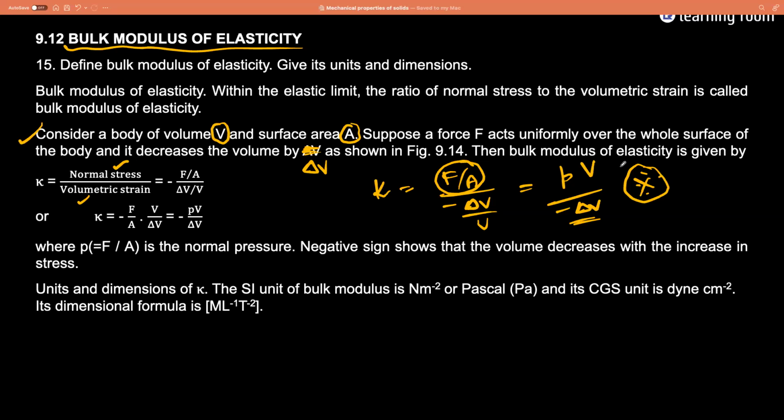The unit is again the same as that of stress. So the SI unit of bulk modulus will be Newton per meter square or Pascal. Here I am using Pascal because it is mostly used for fluids. And what is going to be the CGS unit? It will be dyne per centimeter square. Am I clear, guys?